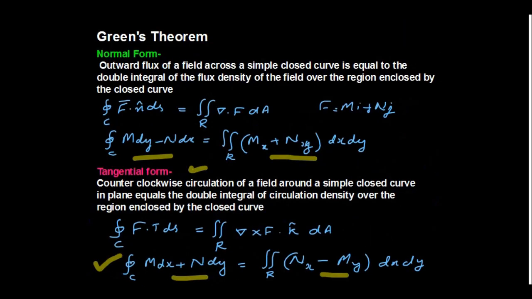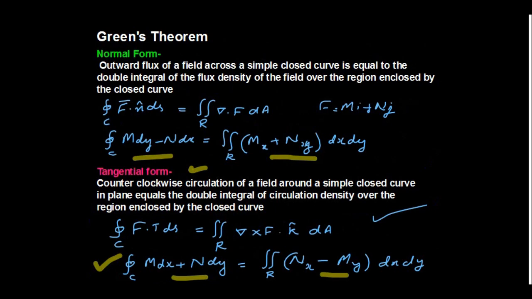The tangential form, that is, the clockwise circulation of a field around a simple closed curve, equals the double integral of the circulation density over the region enclosed by the closed curve. So remember one thing: to find the line integral, you have to consider the direction and take the parameterization.